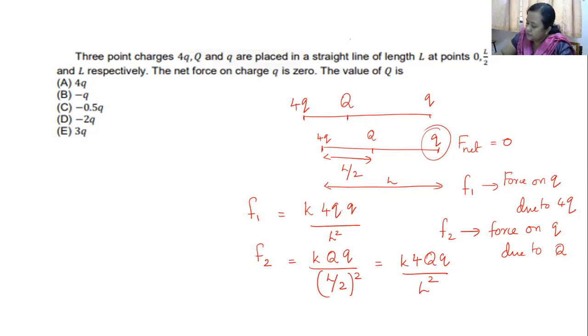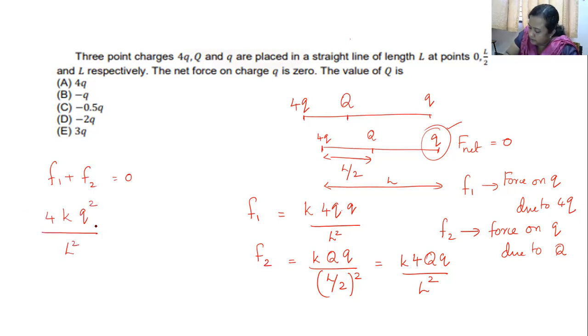Okay. So the net force on this q is 0. That means F1 plus F2 is equal to 0. So we are getting that 4K q square divided by L square plus 4K capital Q small q divided by L square is equal to 0.